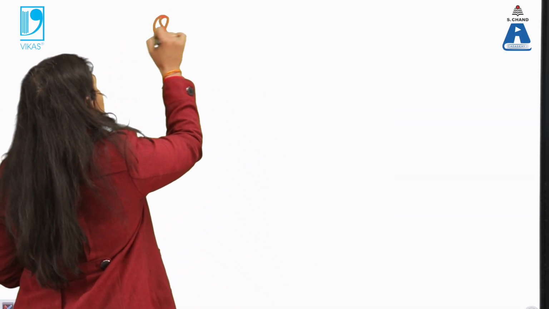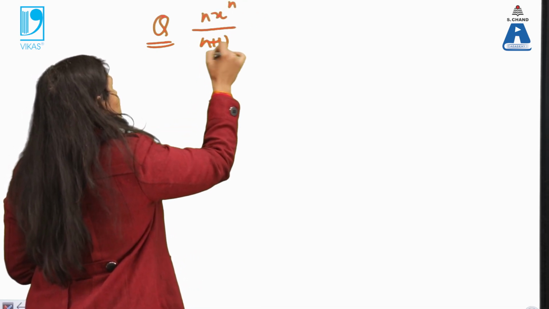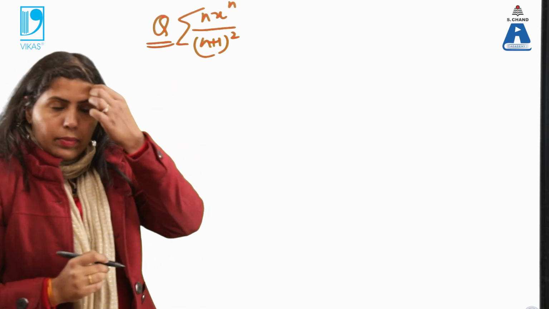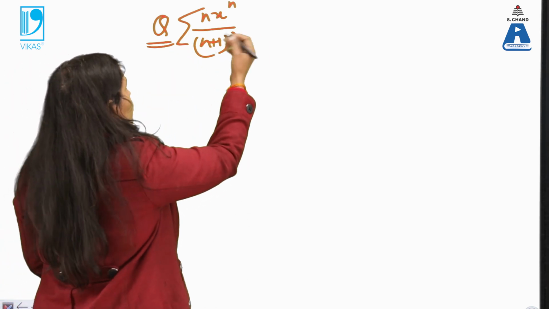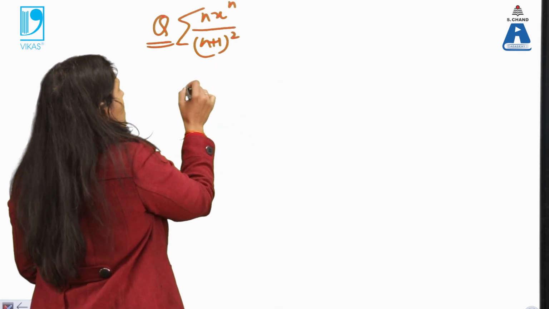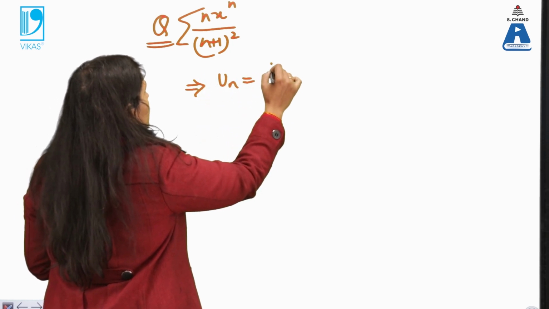So my first example is n x^n upon n plus 1. This is my power series, and you can see that because there is x^n, this is a power series. Now, what is the nth term in this case?